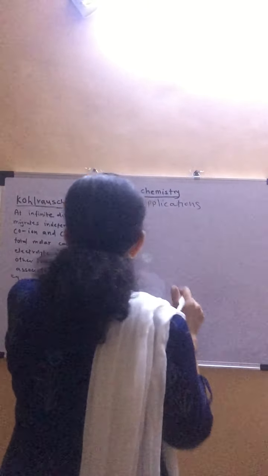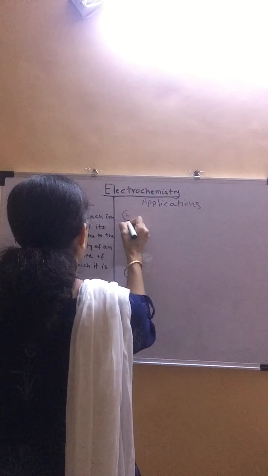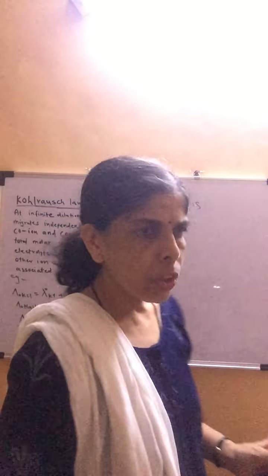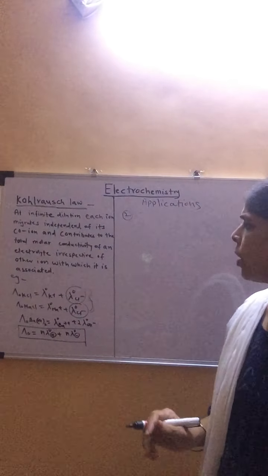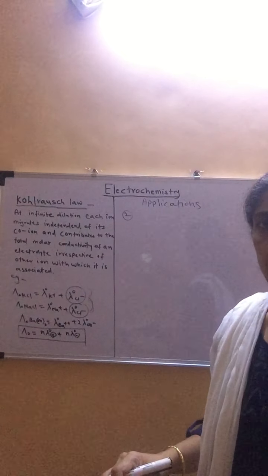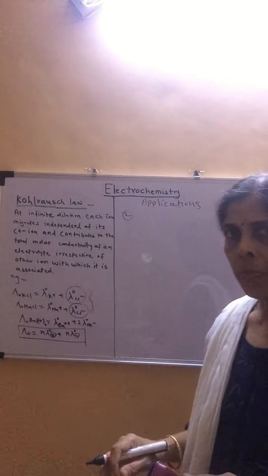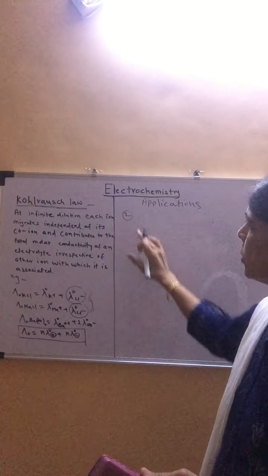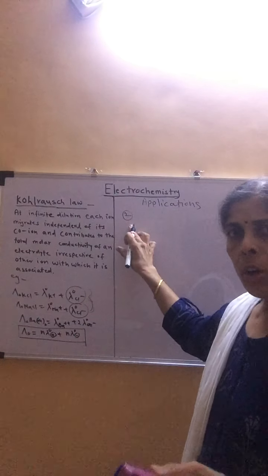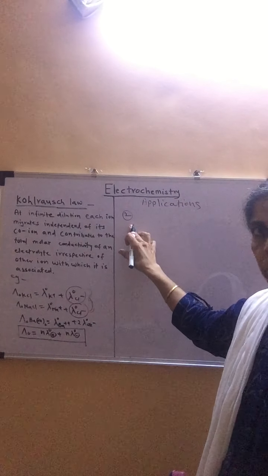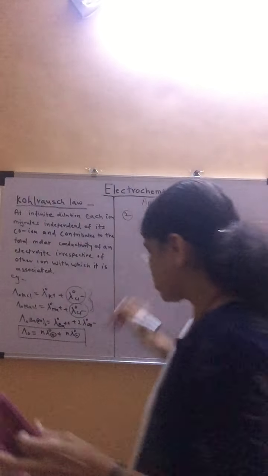Second application, very important. As we have seen in the last video, it is not possible to get the molar conductivity at infinite dilution for a weak electrolyte by extrapolation method, graphically. So how to get the lambda naught value for weak electrolytes? Using Kohlrausch's law, we are able to get that. Now see how.